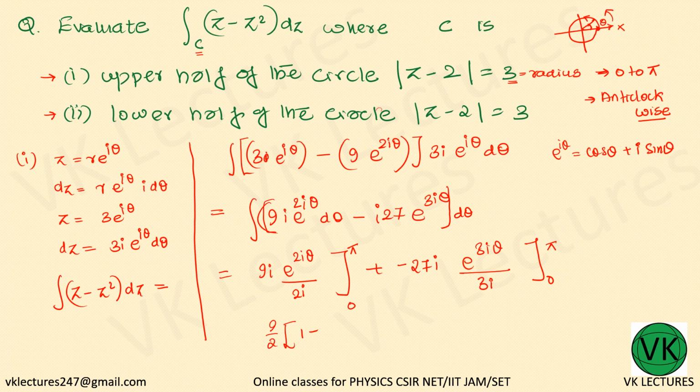So 1 minus, again the terms give us e to the power 0, so again 1 minus 1 plus 27 by 3 is 9, so minus 9 into, go to the upper limit e to the power 3i theta, so it becomes cos pi, that is minus 1.